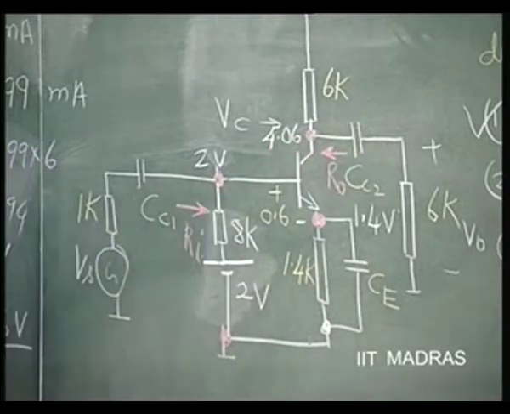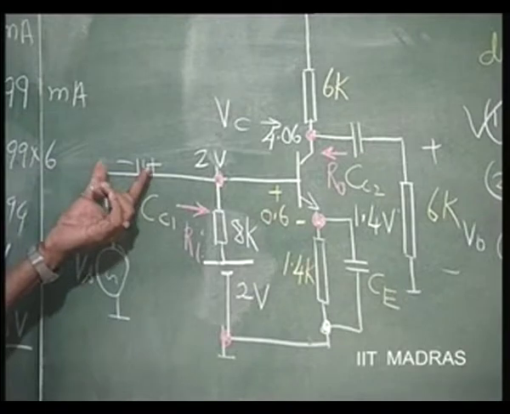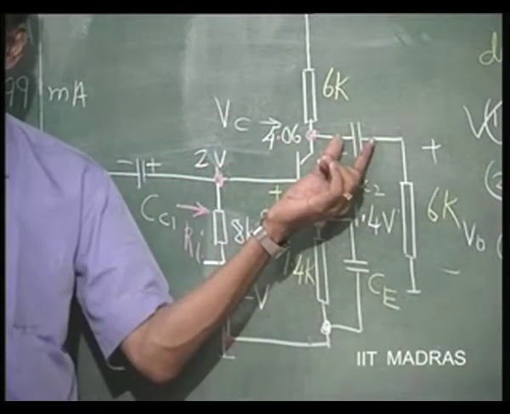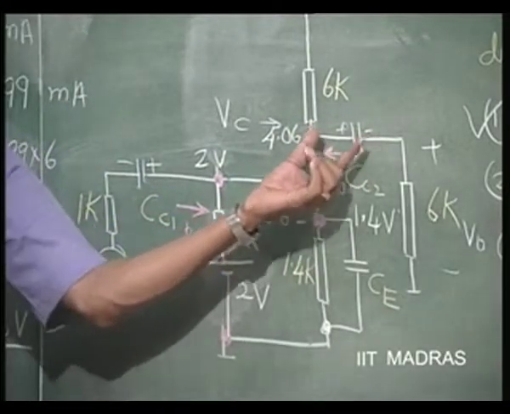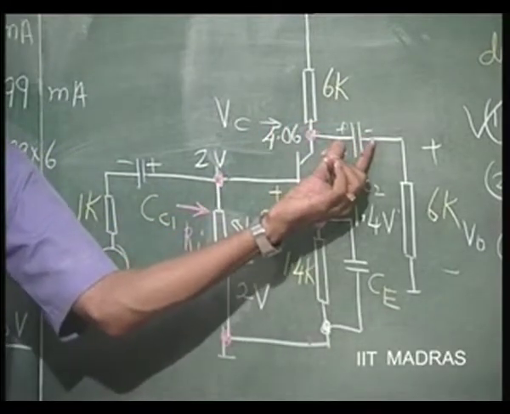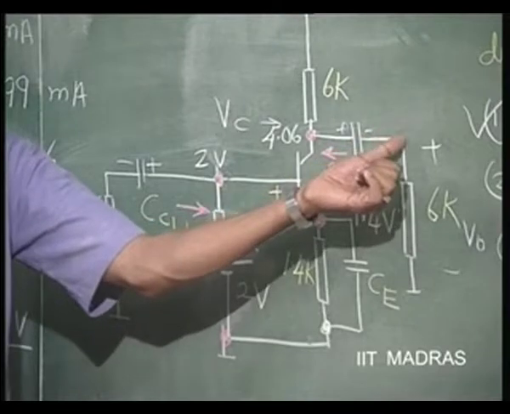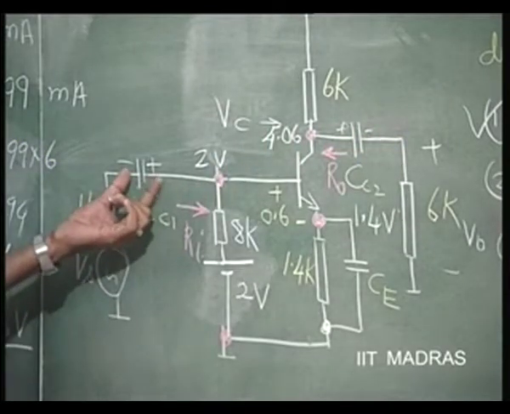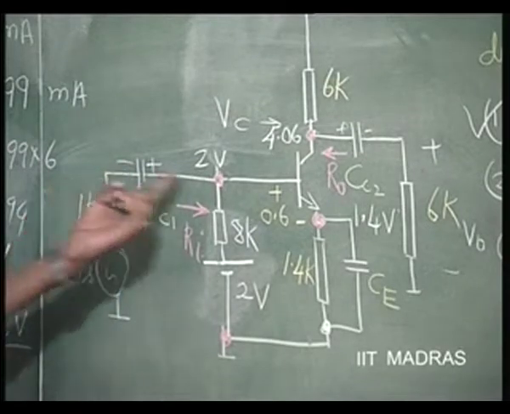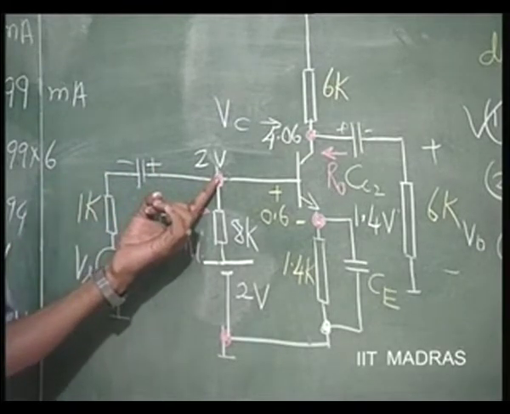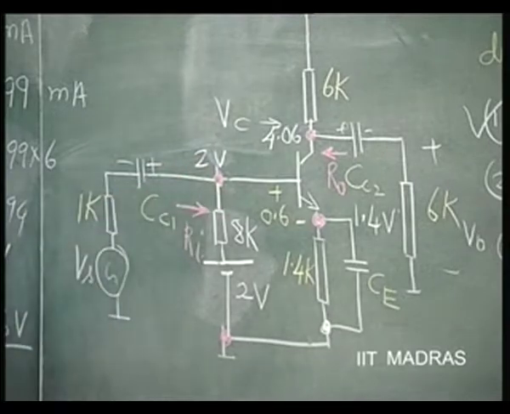How does it happen? Because the capacitor here gets charged to 2 volts. This capacitor gets charged to 4.06 volts. So, that will automatically get charged to the DC voltage, and therefore, you get only the AC here. Similarly, this is automatically charged to this 2 volts. So, the signal voltage here is going to appear here, over and above the 2 volts.